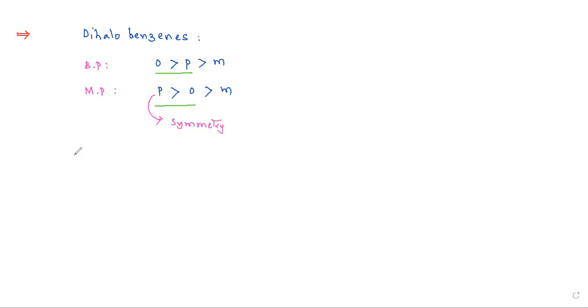In general, boiling point is explained on the basis of polarity, right? Dipole moment. Greater the polarity, greater is the boiling point. But when it comes to melting point, it is explained on the basis of symmetry.